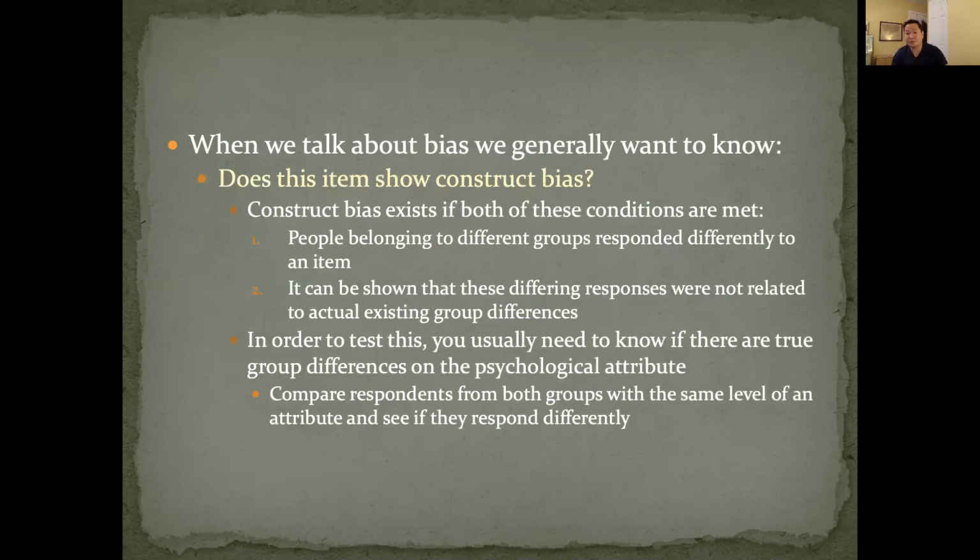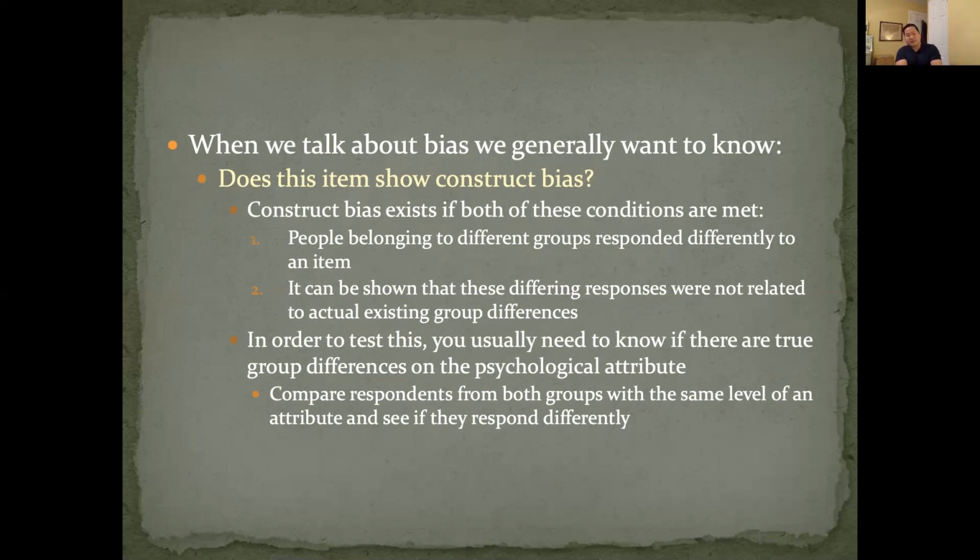So when we talk about bias, we want to know, does this item show construct bias? And the conditions for construct bias are people belonging to different groups, graduate students and undergraduates, respond differently to an item, and this is critical, and those responses weren't related to existing group differences.